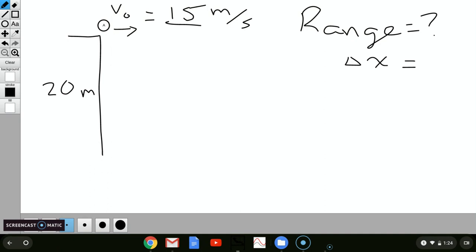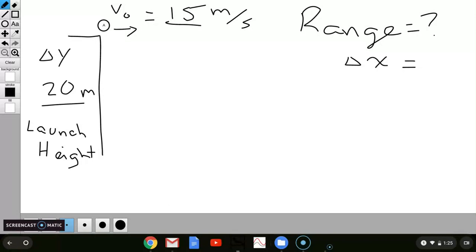Number two, the height from which it is launched will be known as the launch height. Now, in terms of math, we will usually denote this with a delta y, now instead of delta d, to indicate that it's moving in the y direction, the vertical direction.